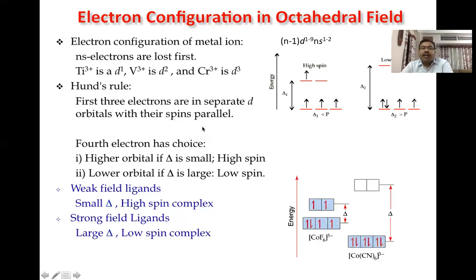But when we have 4 electrons in the outermost shell d orbital, then while filling up the orbitals, we'll have two choices.